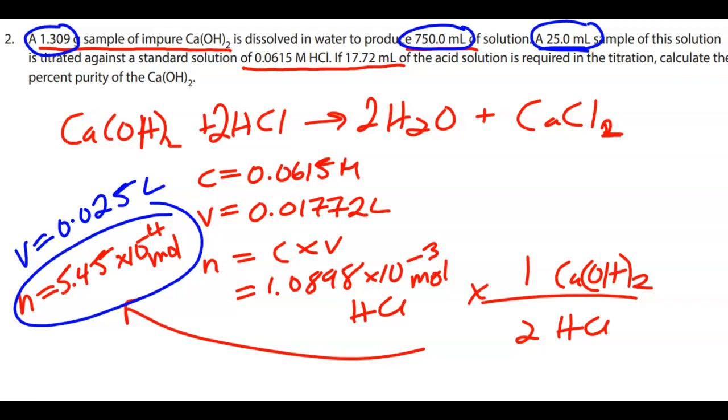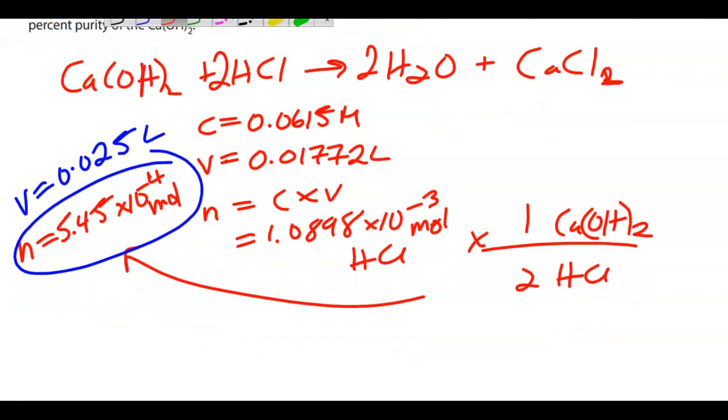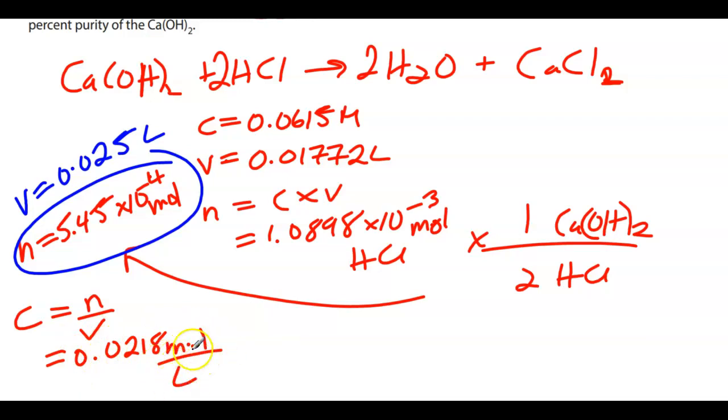Okay, so if we have this many moles, let's get the concentration here. The concentration of our calcium hydroxide is going to be our mole value over the 25 mils, which is then going to give us 0.0218 moles per liter. The reason I'm doing that is I want to figure out how many moles is in that 750 milliliters.